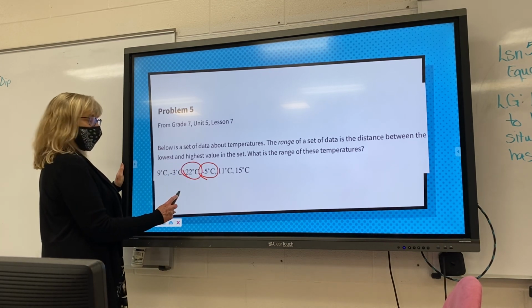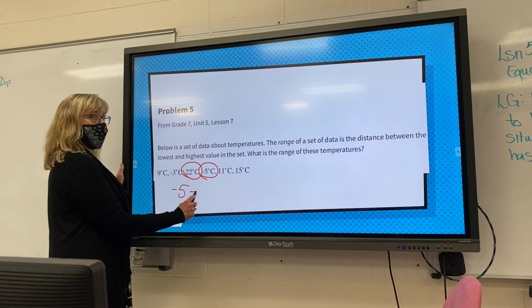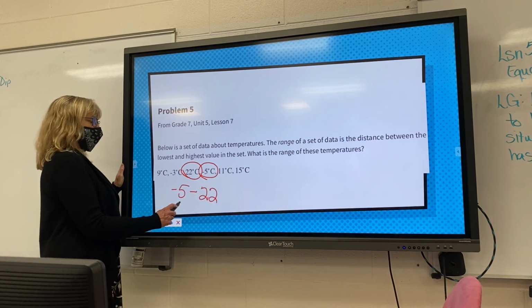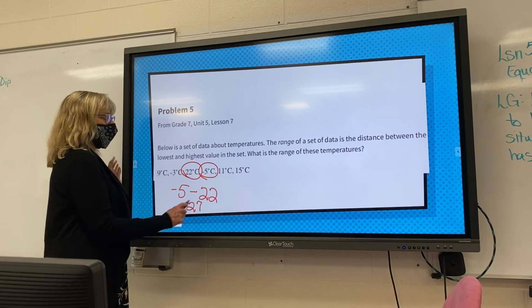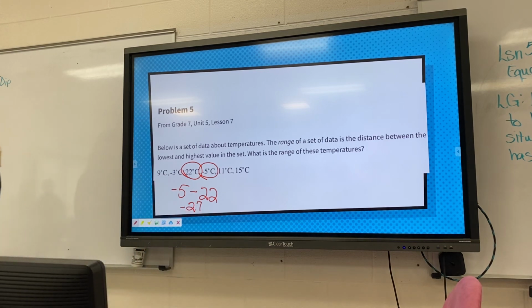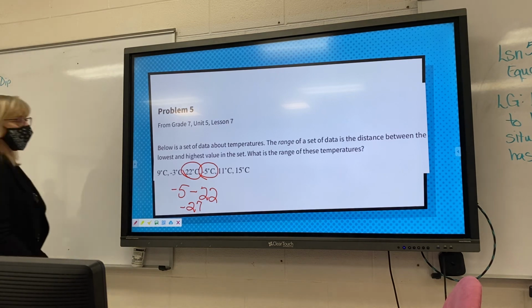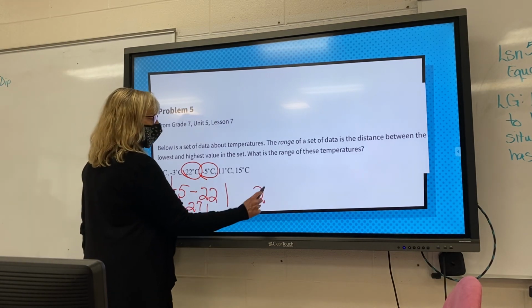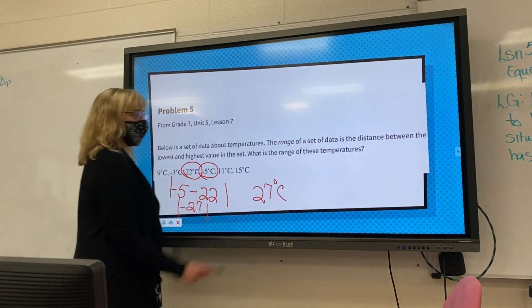So we're going to do -5 minus 22. What does that give me? No, it gives me -27. Is that the right answer? No, distance is always positive. So we would take the absolute value. So the answer is 27 degrees Celsius.